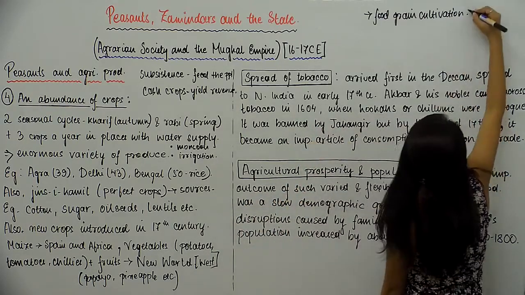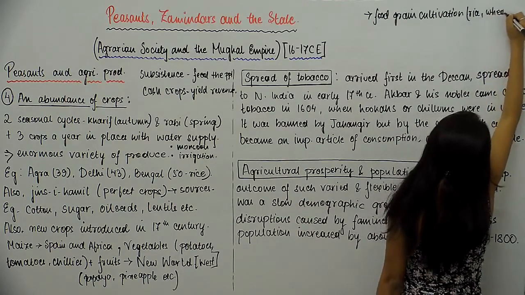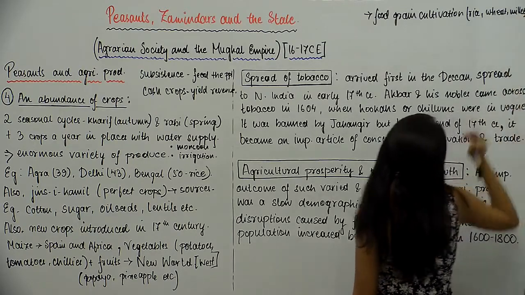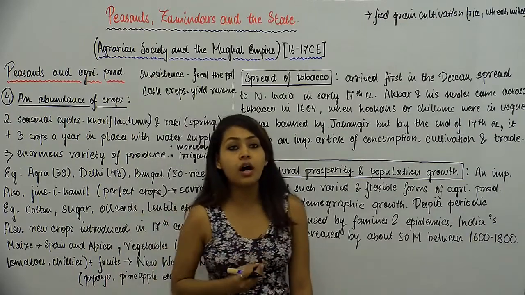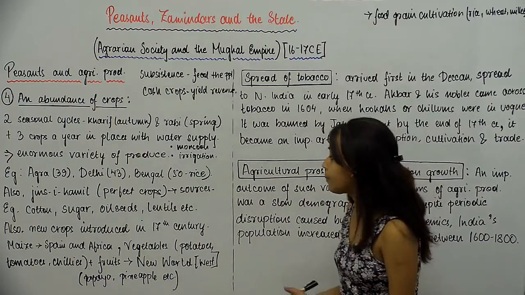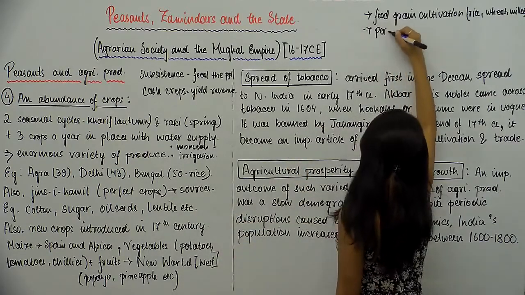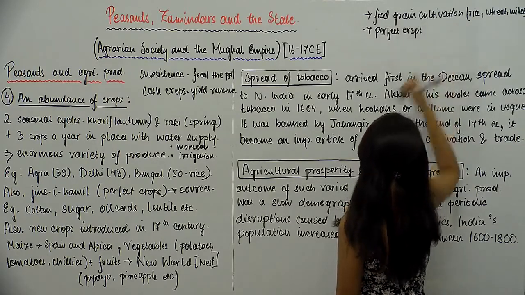So these are the three major crops that were grown: rice, wheat and millets. Which means that in our country, earlier, food grain production was on the most massive scale. Then we see the concept of perfect crops. So these were crops that were not meant for subsistence.